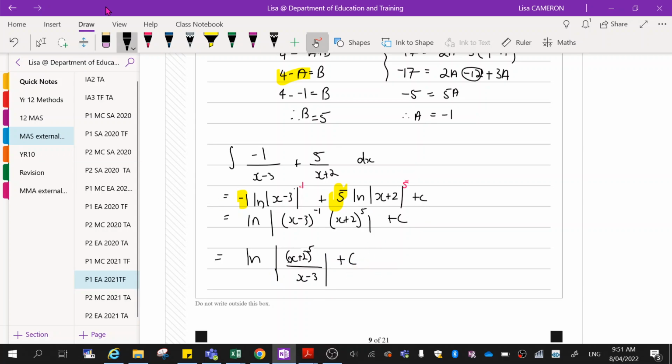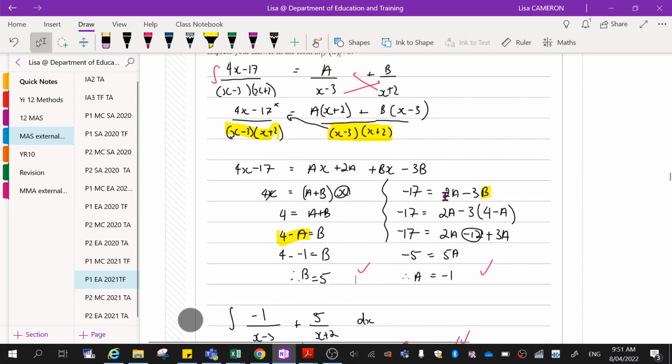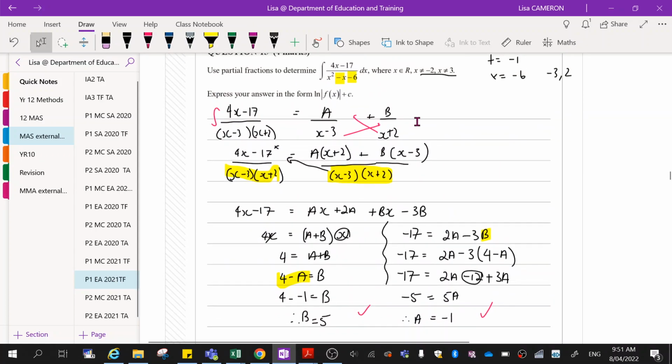As much of a muchness, these two things are the same. So you'd get 1 mark for expressing this final form, 1 mark for getting it to this point, 1 mark for determining A and B, and 1 mark for identifying at the very beginning that you wanted to get this. This is what partial fractions was asking you for.